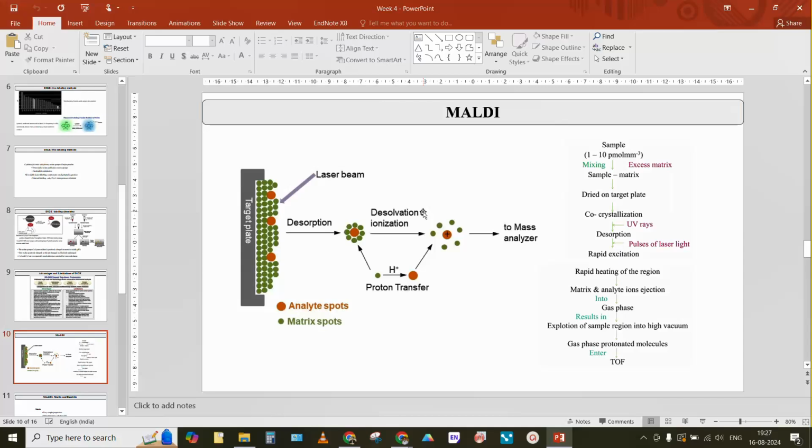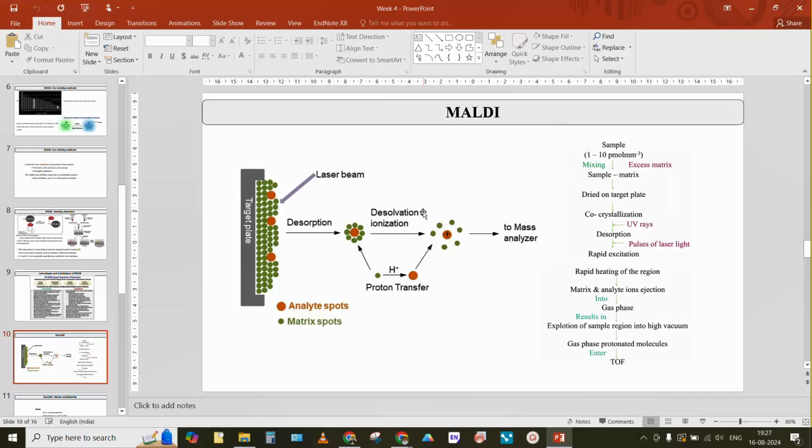Now these crystals are targeted with short laser beams, as you can see in the slide. Rapid sublimation then converts the analyte into gas phase ions. Once generated, these ions accelerate away from the target plate through the mass analyzer, which is the time of flight, and reach the detector.